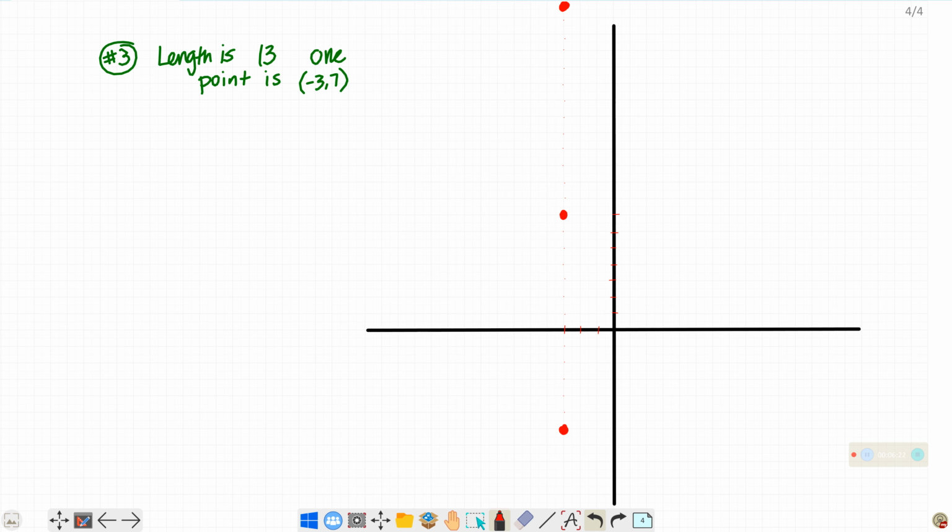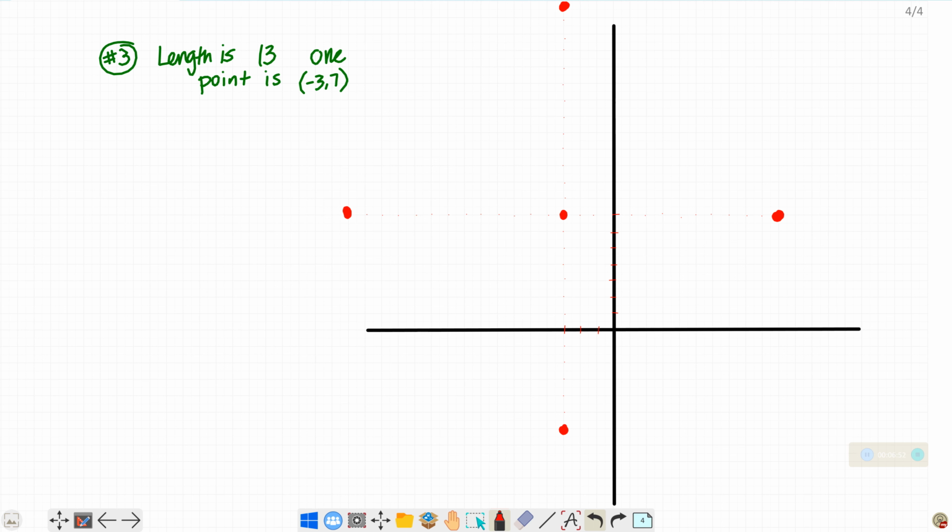Now we're going to move left from the point, counting 13. And right, counting 13. And now all we have to do is find the coordinates of those 4 new points.